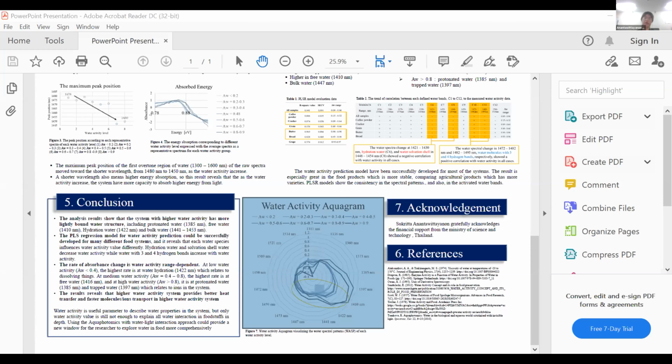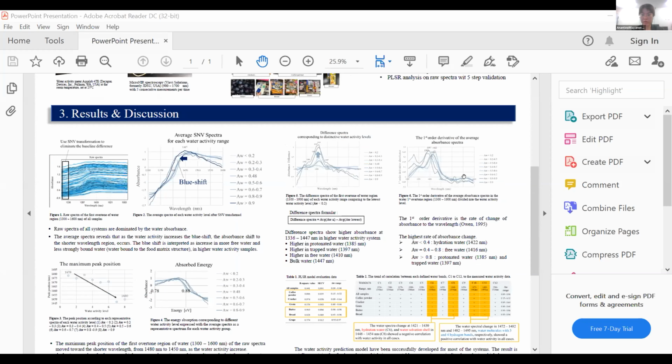So, within 3 minutes, right? Yeah. So my poster is about the water spectral patterns and the water activity. Can I share my screen right now? Yes, please. Okay. Can everybody see my screen right now?